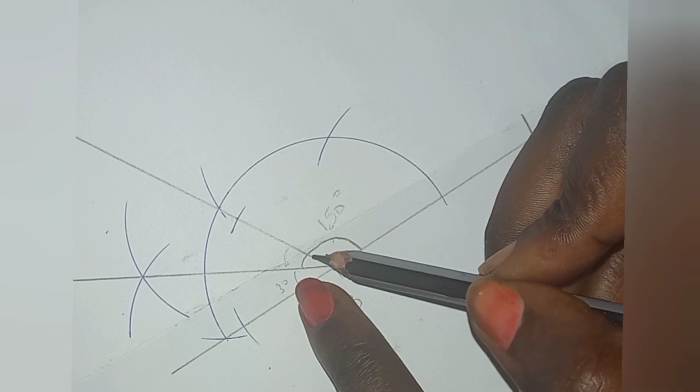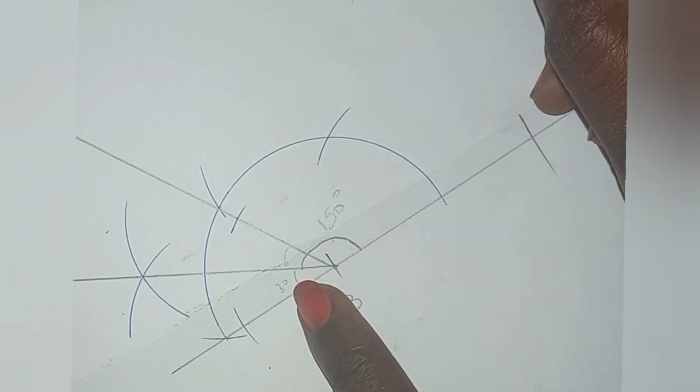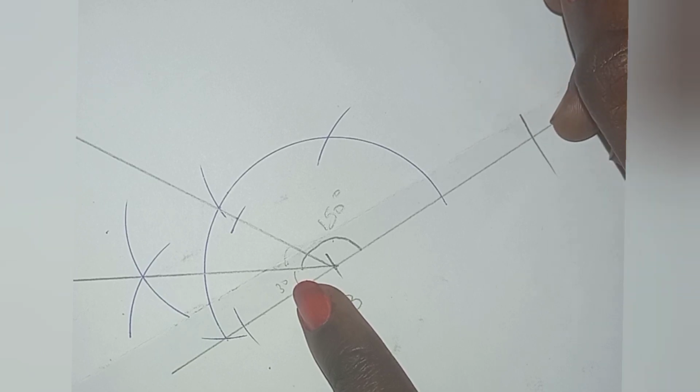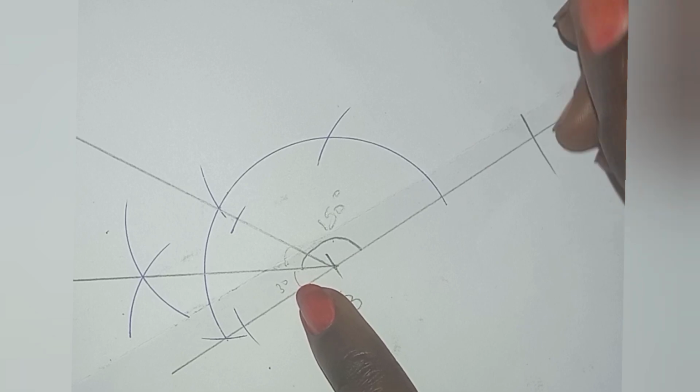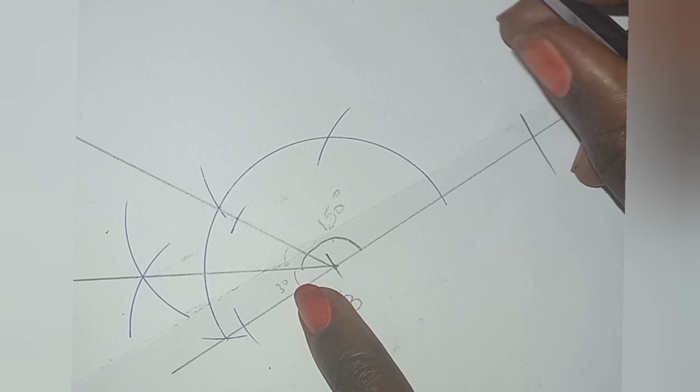In order to get 165, it will be 180 minus 15. So that means 180 minus 15 degrees will be 165.